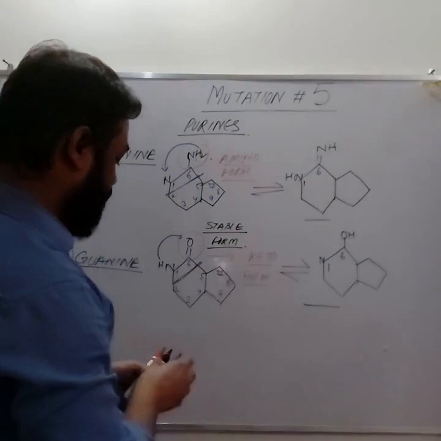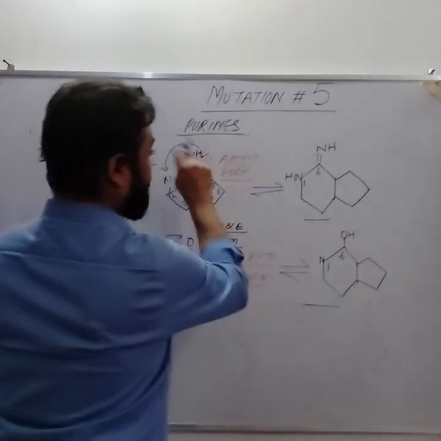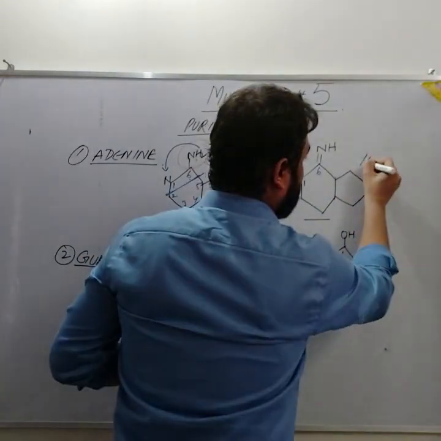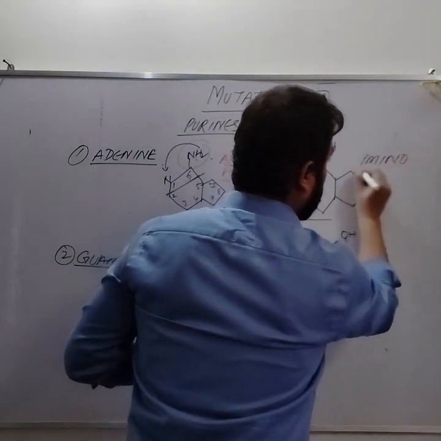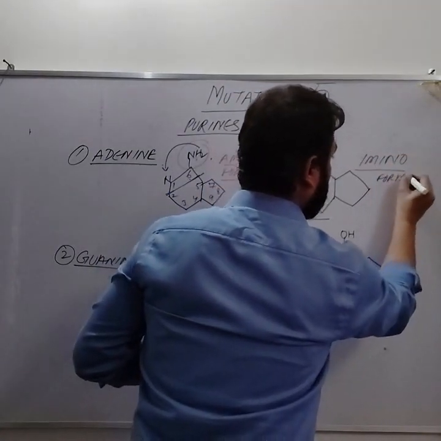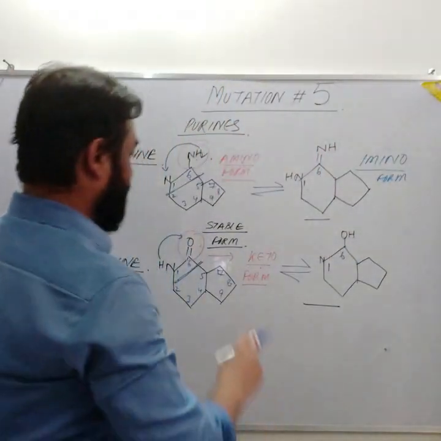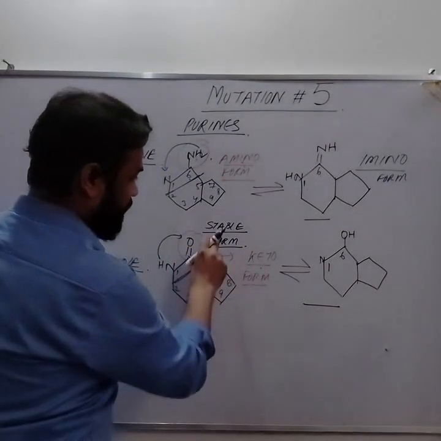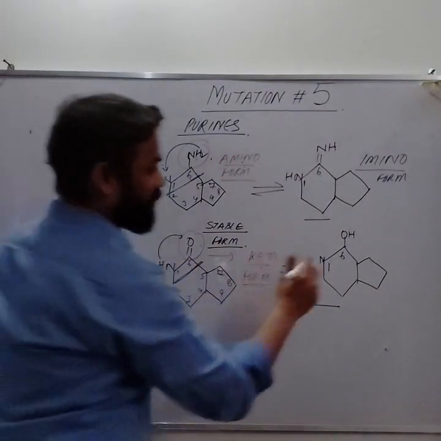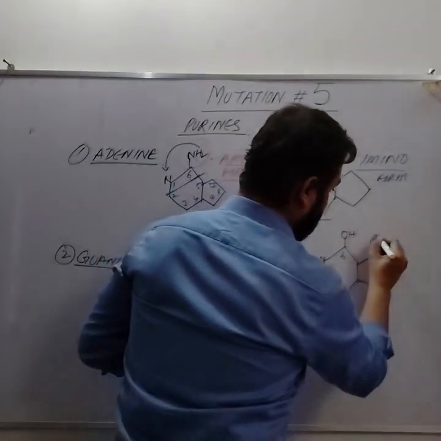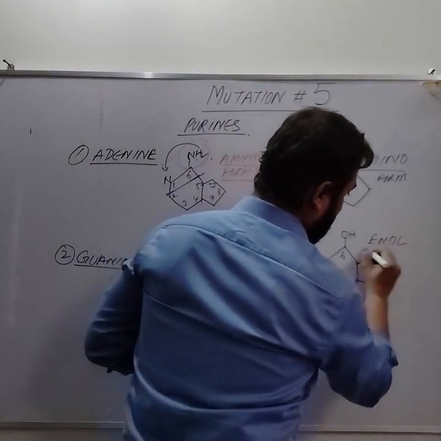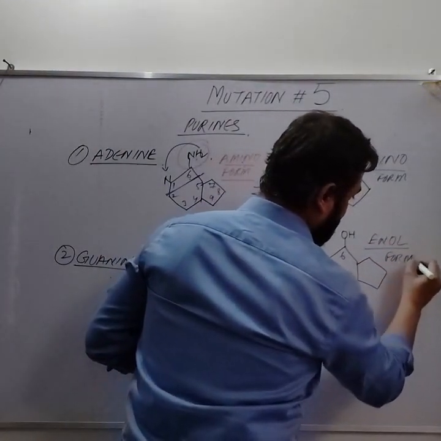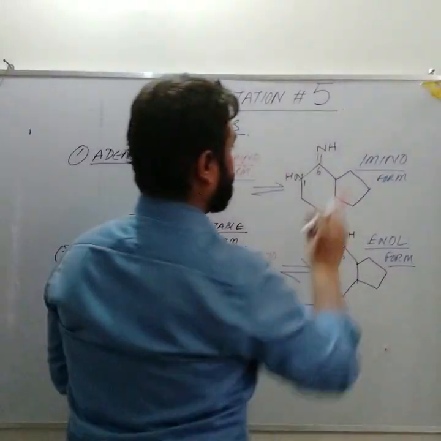Now this is the amino form and this is now the imino form. And it was keto, that was the stable form, and now it is the enol form.